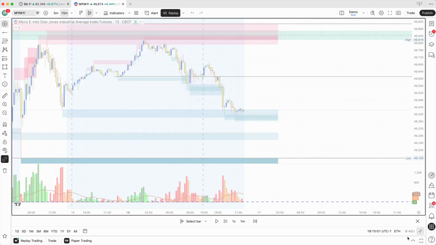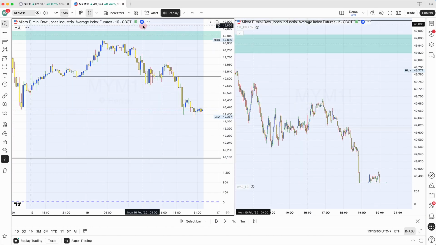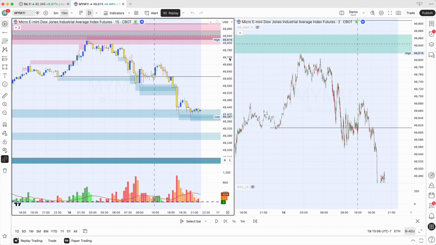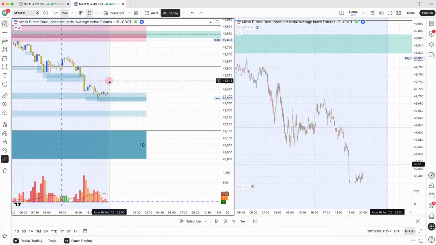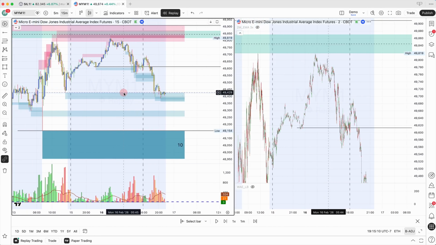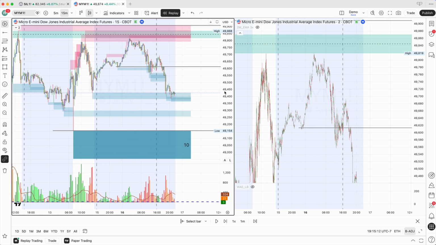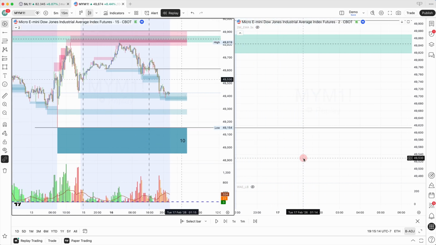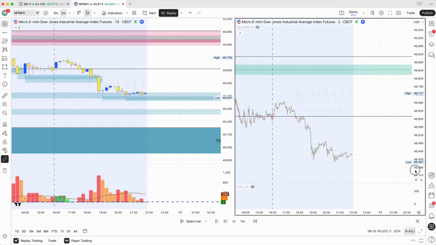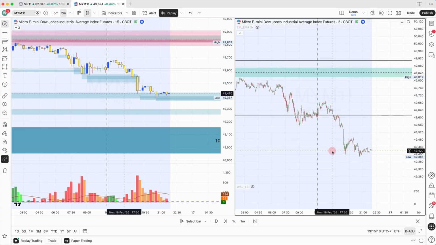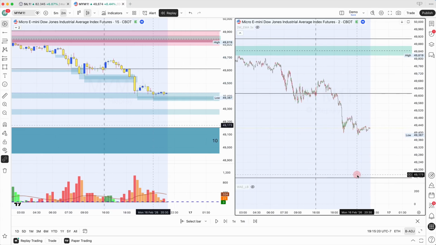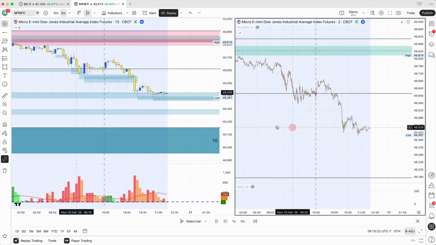I want to go back to my two charts because now I've got my higher time frame picture, what I call the big picture, and now I want to look at the smaller picture. And I'm going to wait until price hits one of these lines and then determine what I want to do, okay?